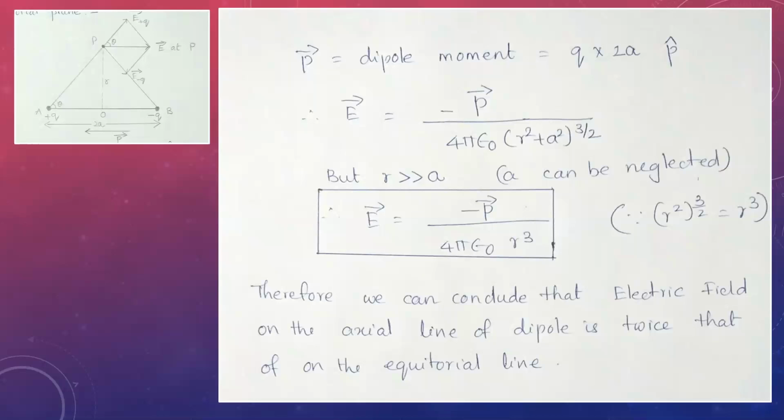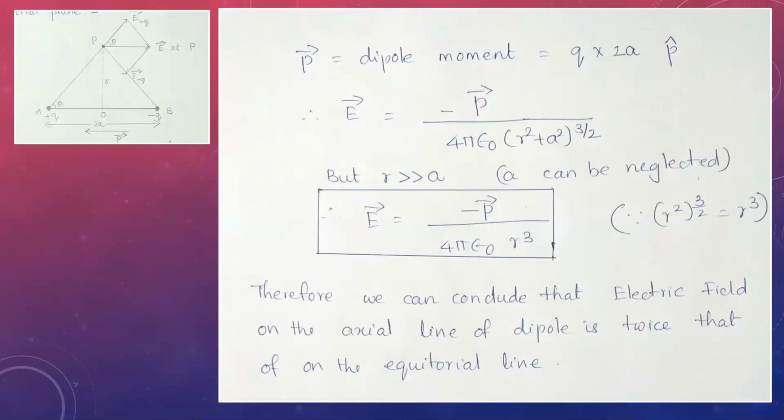So earlier we have derived the expression for the axial line. There we got E bar is equal to 2p by 4 pi epsilon naught r cube. There we got in axial line the expression was E bar is equal to 2p bar by 4 pi epsilon naught r cube. What is the conclusion here?